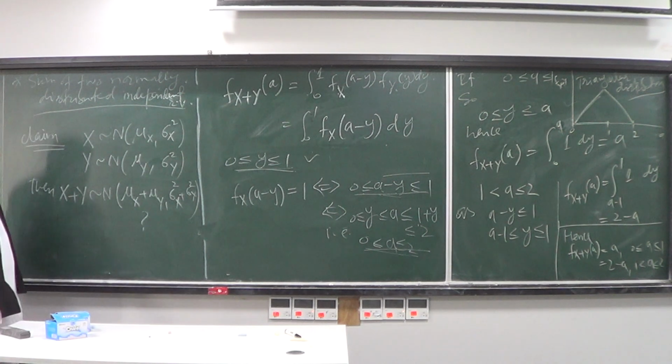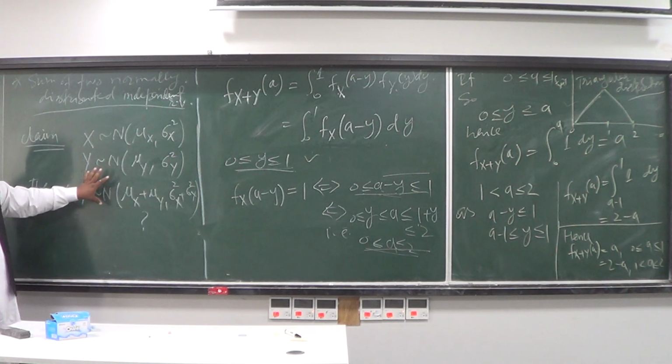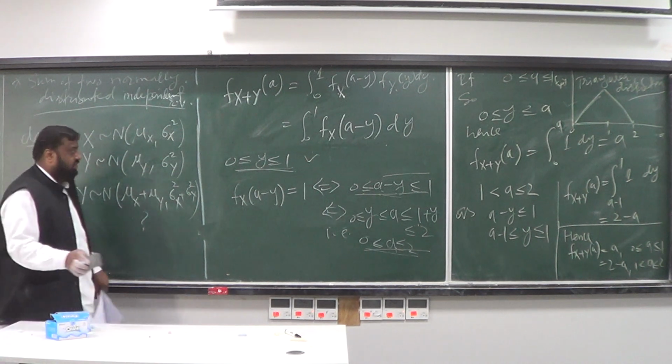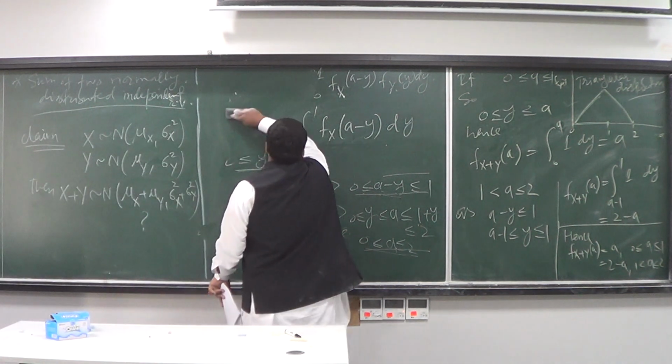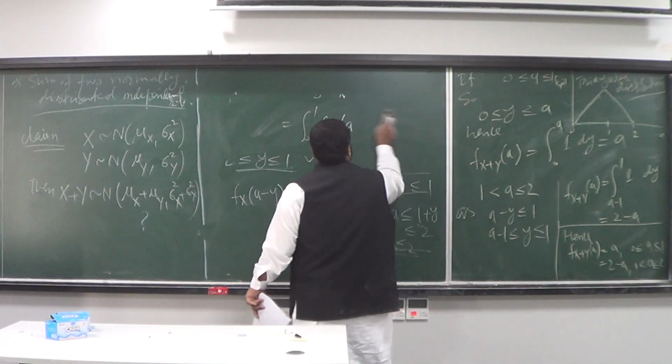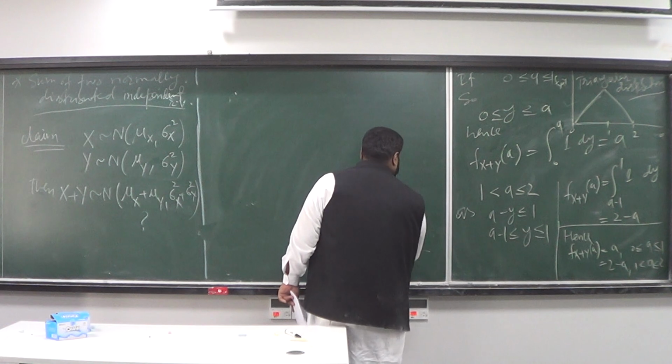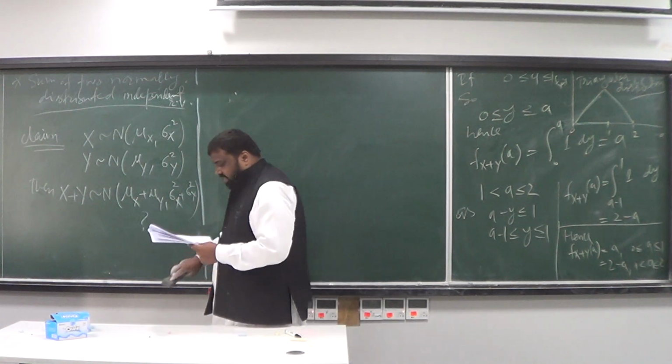I'm not going to prove this directly, but I'm going to prove another statement from which I will deduce this. So you don't have to work too hard. Sometimes work cleverly, and you can get your outcomes. So here's the thing.